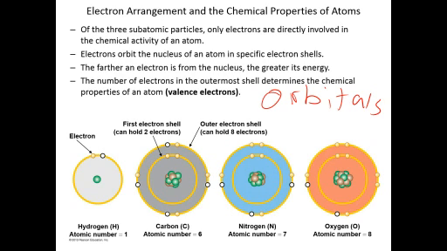So looking at hydrogen, for instance. Hydrogen has one shell outside its nucleus. It's got one electron, so it has one valence electron. Carbon in its outermost shell has 4 valence electrons.